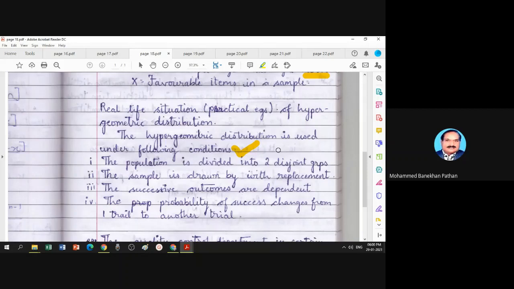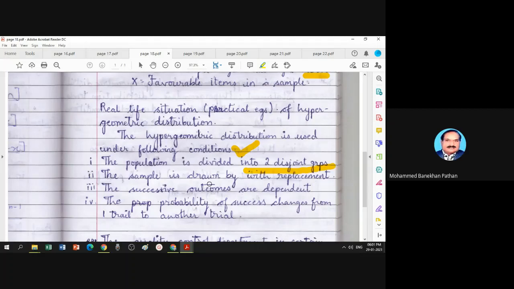What is number one? Number one says the population under study should be divided into disjoint groups, two mutually exclusive groups. That is the first condition, which is the strongest condition of hypergeometric.